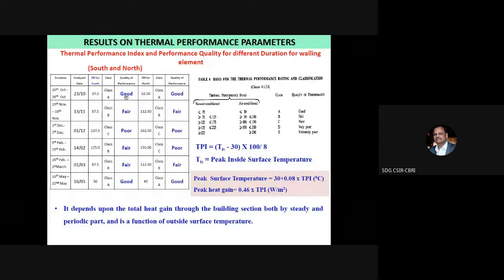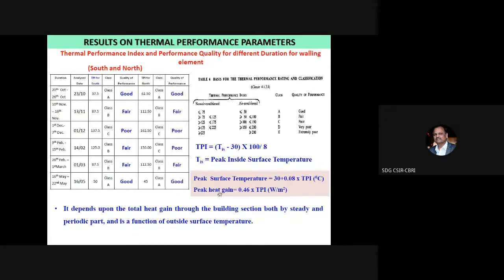If we classify this, the performance in the month of October is good, and in summer also the AAC blocks are good, then where the temperature difference is not there it is fair or poor, in winter as well, as per the SP41.